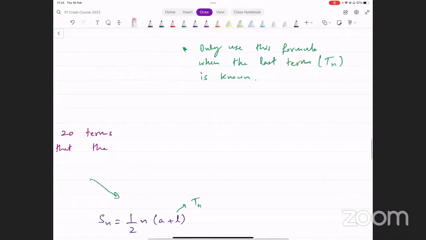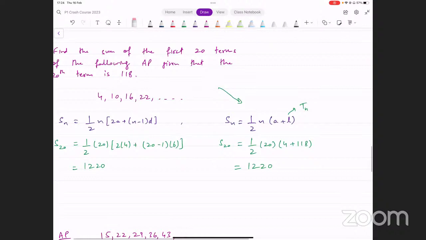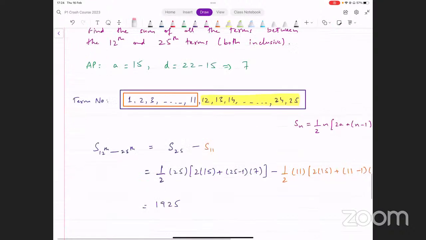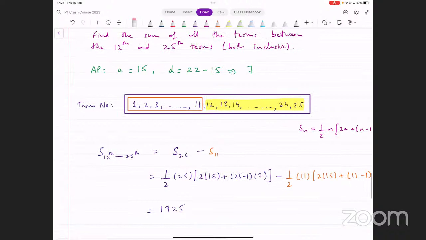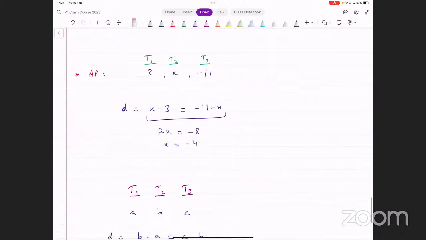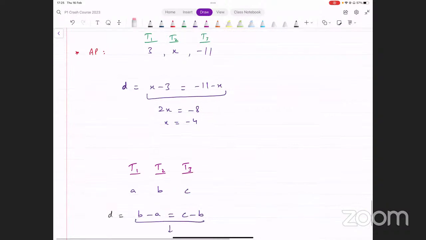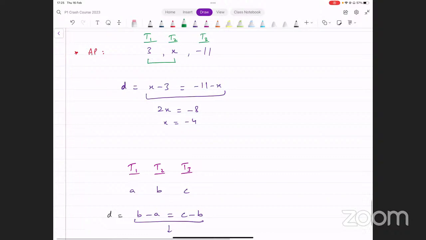Then we again did some examples. This was an important one. If you have to find sum of some terms in the middle, how do you do that? We talked about this in the last session as well. And at the end, we discussed this one important thing, and that is if you have 3 consecutive terms given in an arithmetic sequence, you can say the difference of the second and the first is going to be equal to the difference between the third and the second, right?